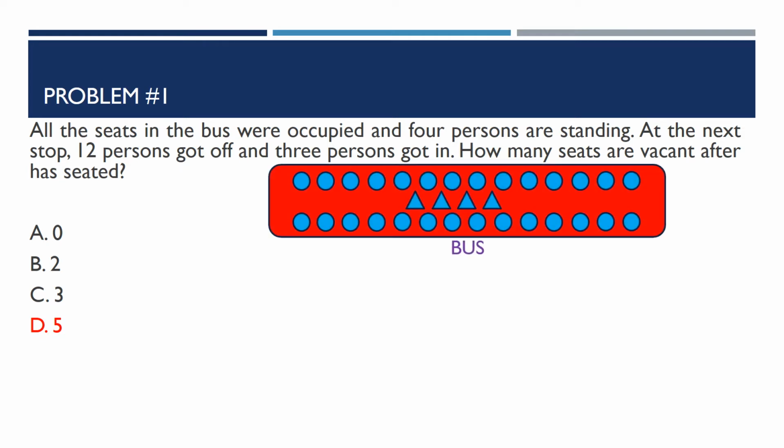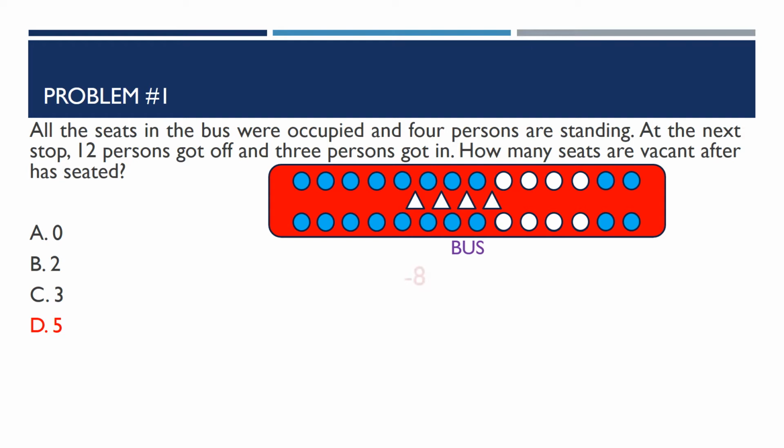So here's the same illustration of the bus, and then we're going to remove 12 people, including those 4 standing. As I said, it's going to be the same answer whether all 4 standing or just 2 of those standing left the bus, but let me illustrate the solution.